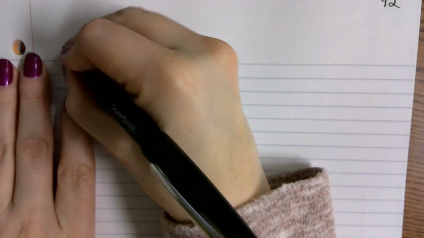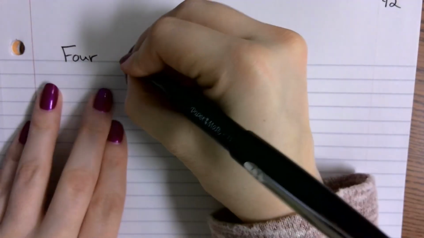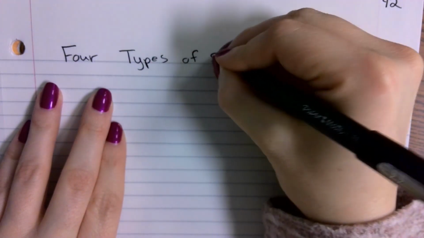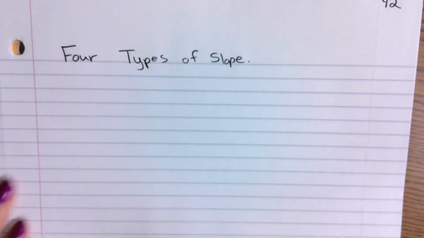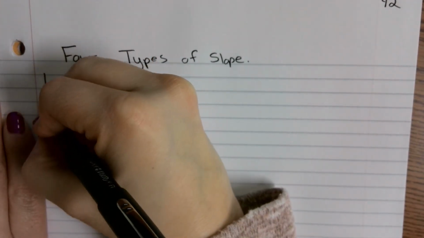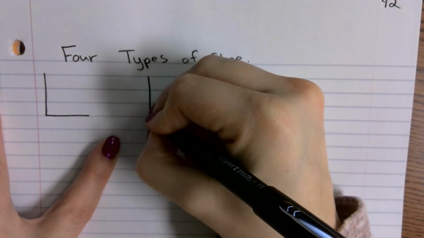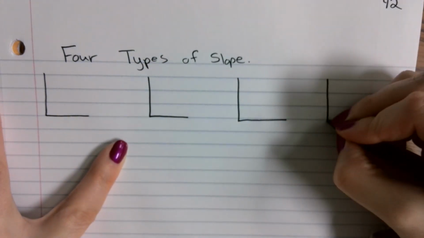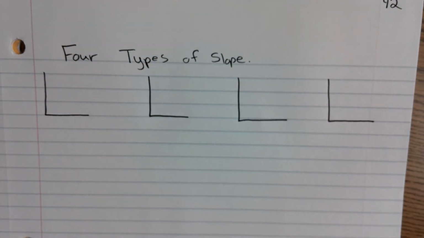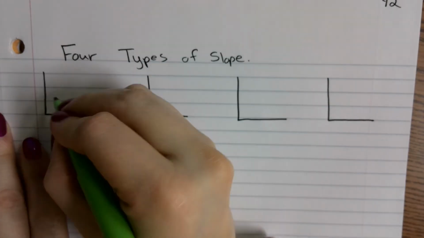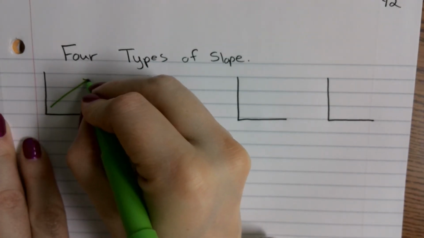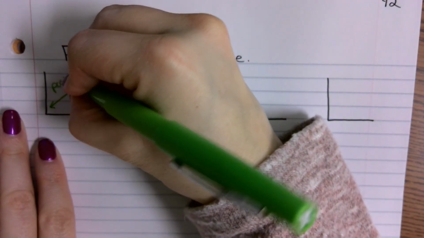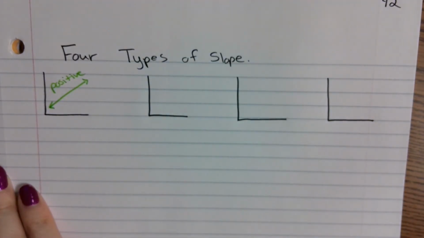But real quick, just a fast little reminder of the 4 types of slopes from our video that we saw. Okay, so when we had a line moving in this direction, what kind of slope was that? Positive. Right, positive.